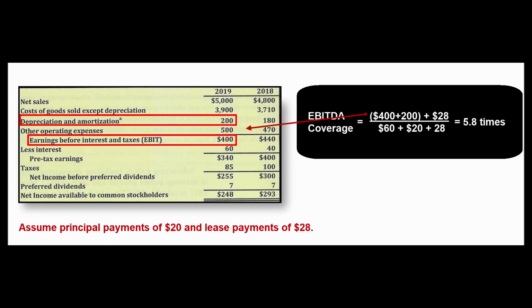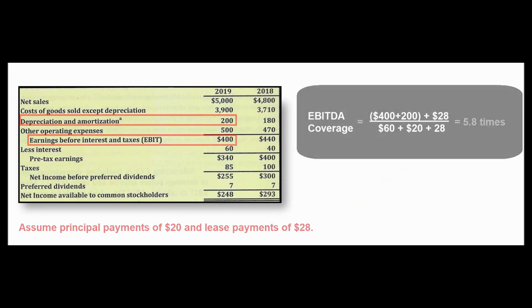We'll take EBITDA, earnings before interest, taxes, depreciation, and amortization, plus the lease payments over interest, plus principal payments, plus lease payments. And let's assume that this company has principal payments of 20 million and lease payments of 28. So we end up with 628 over 108, or 5.8 times.